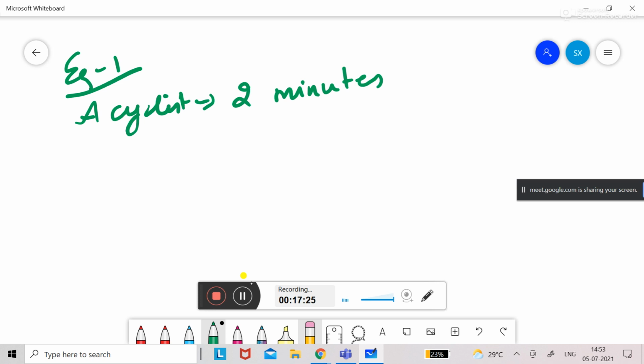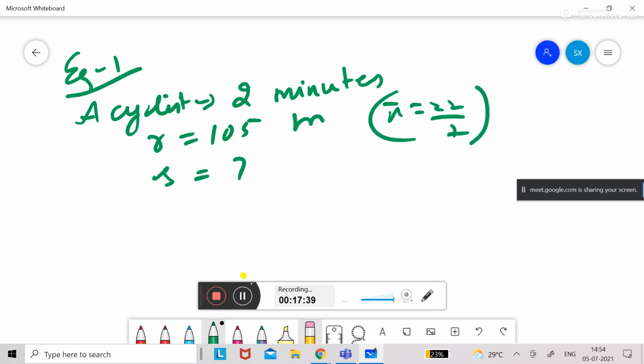If the radius of the circular track is 105 meters, calculate the speed. You should use pi as 22 by 7.